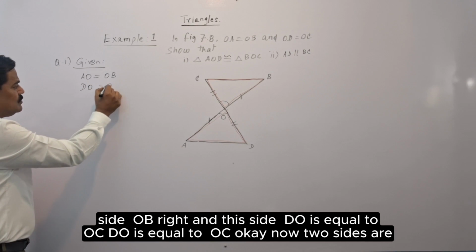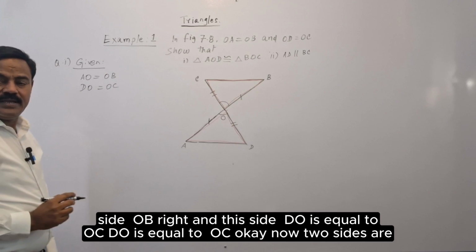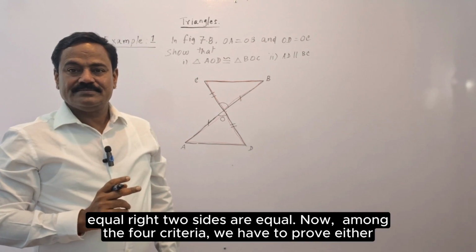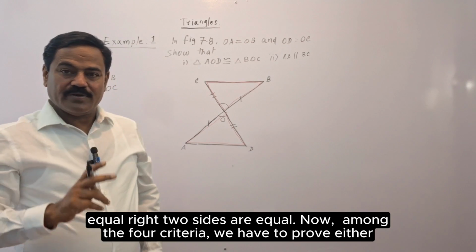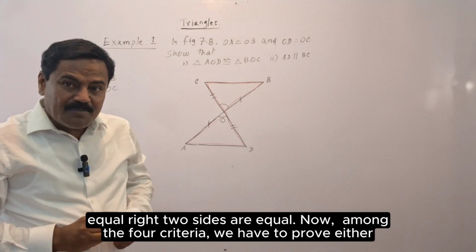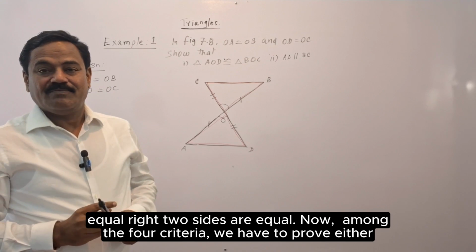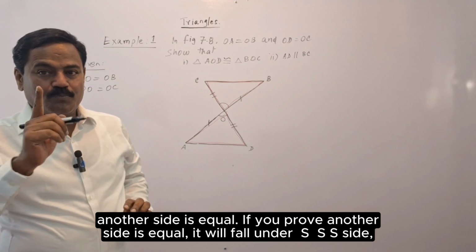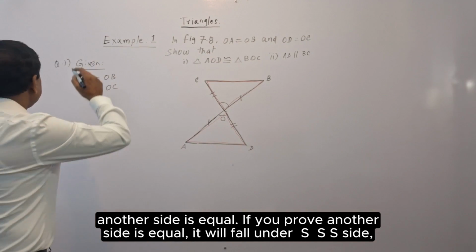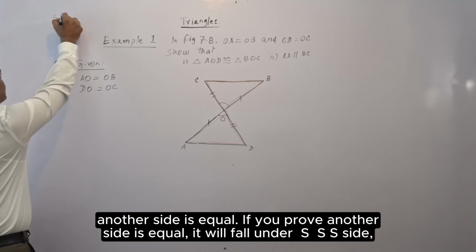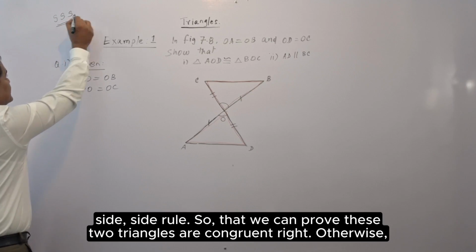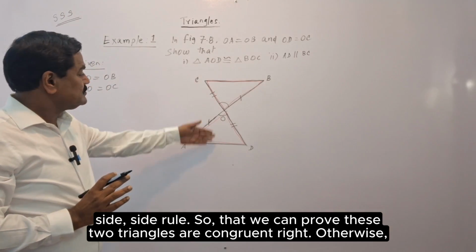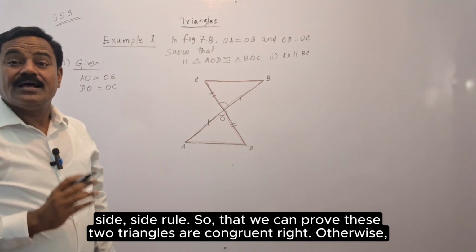Now two sides are equal. Among the four criteria, we have to prove that another side is equal. If you prove another side is equal, it will fall under the SSS rule, so that we can prove these two triangles are congruent.